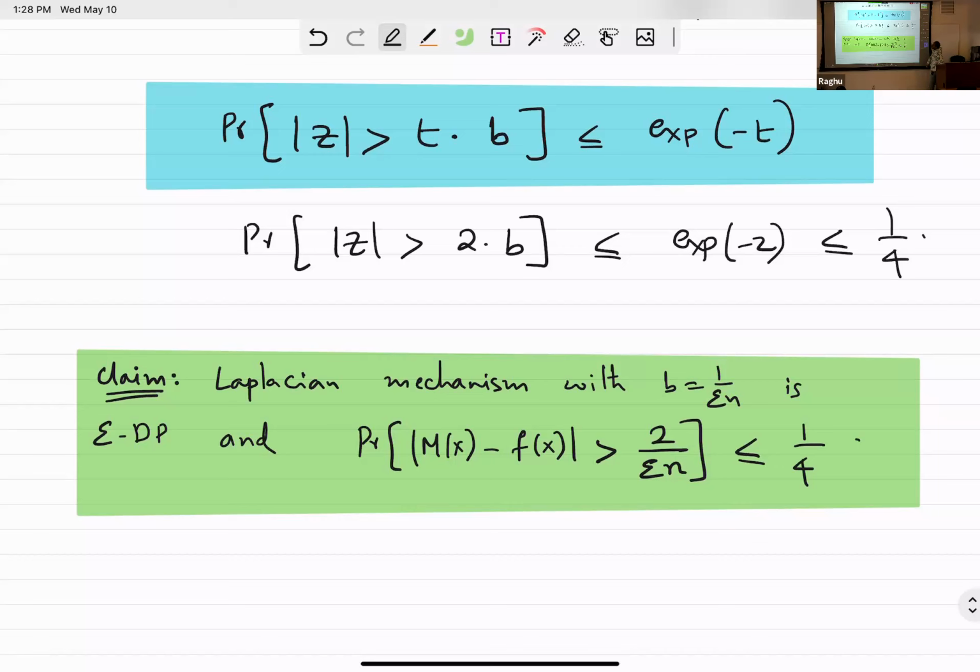The chance that it's more than 2 times b is at most 1/4. So what does this mean? It means that to get epsilon differential privacy and accuracy alpha, we need n to be, if I set this to be alpha, you need n to be 2/epsilon alpha.